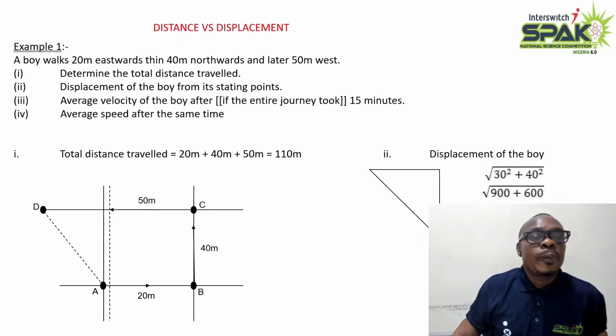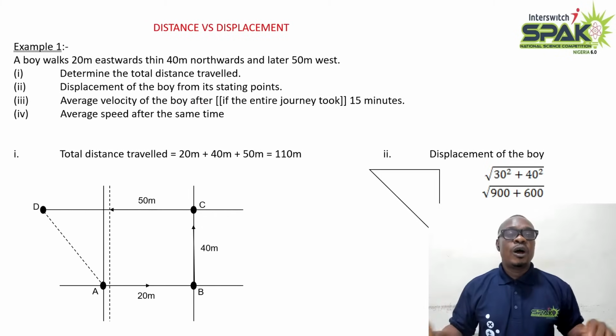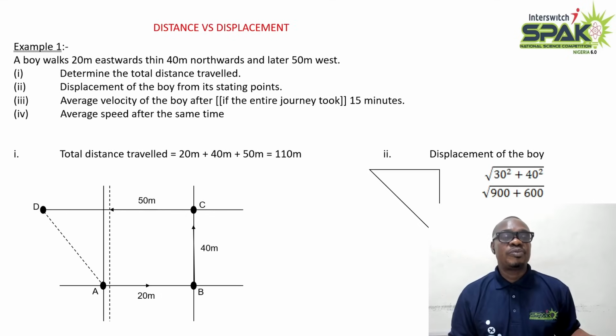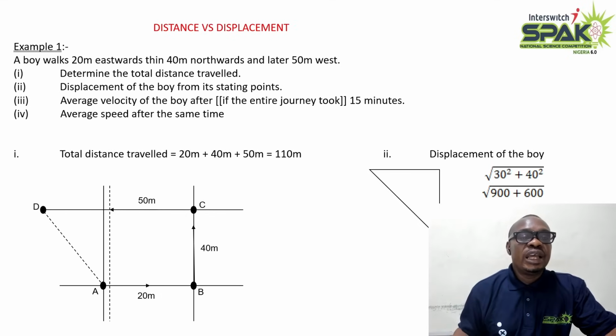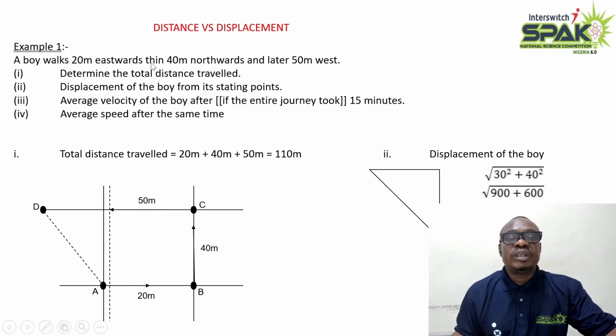The first example will give us a good understanding of distance and displacement. The question says a boy walks 20 meters eastwards. Then, okay, wow, there is a mistake here, it should be a typographical error. A boy walks 20 meters eastwards, then 40 meters northwards, and later 50 meters west.